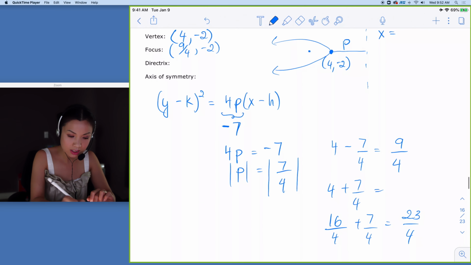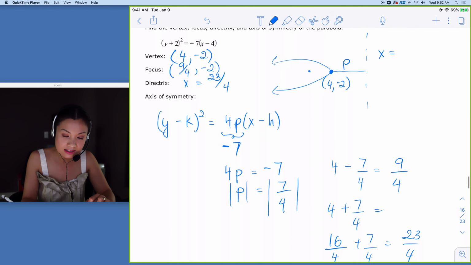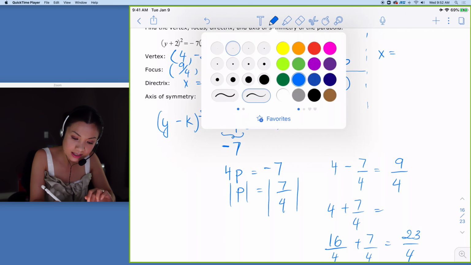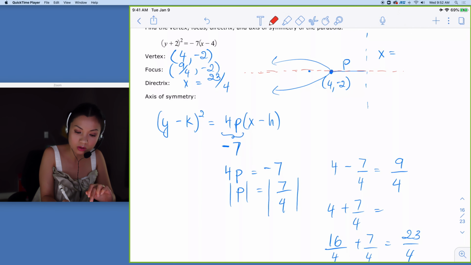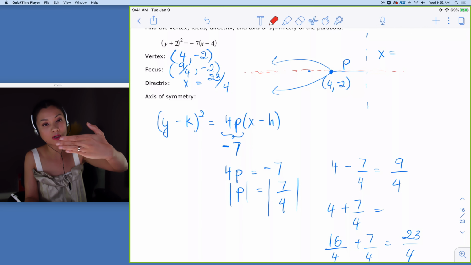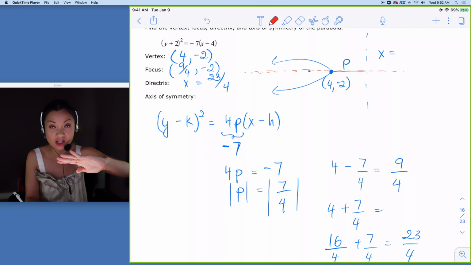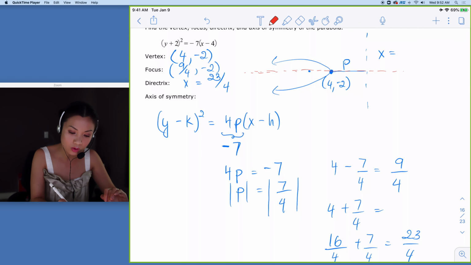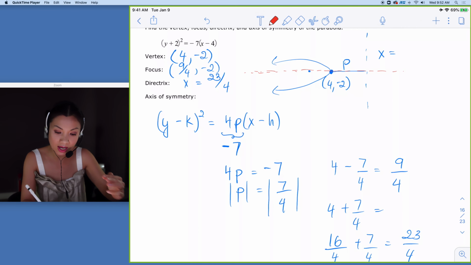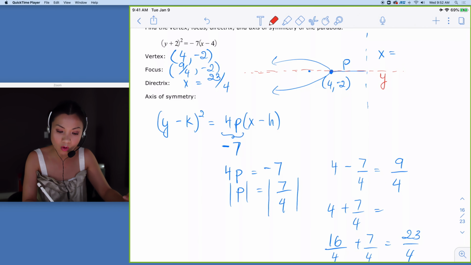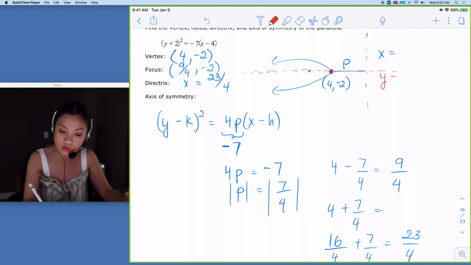So the directrix is going to be x equals 23 over 4. Okay. Axis of symmetry, what's that? The axis of symmetry is the line that cuts the parabola in half, and they are symmetrical. So if I take that half of the parabola, I flip it over the axis of symmetry, I should get the identical one. So you see right there the y is the horizontal, so it has to be y. And of course, we have the y value right there, so it's y equals negative 2.